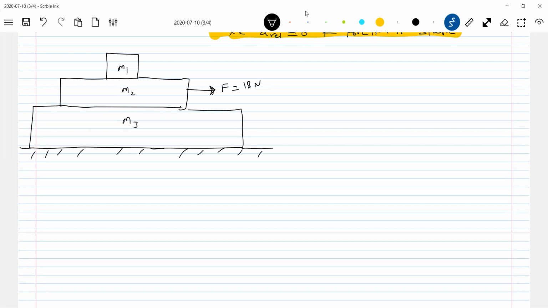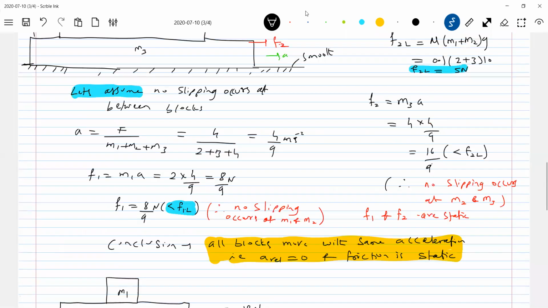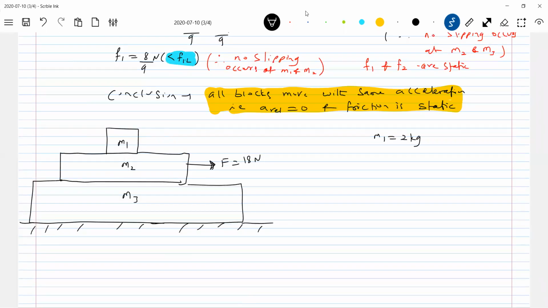Now the same values: m1 is 2 kg, m2 is 3 kg. The mu is 0.1, and this surface is smooth. Find the acceleration of the blocks and the friction at all surfaces.